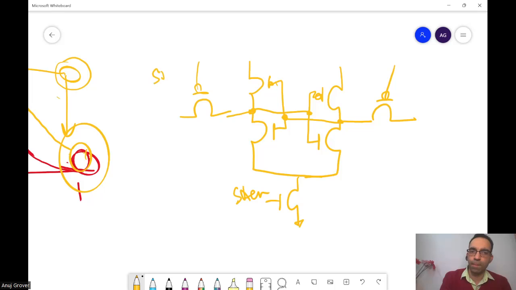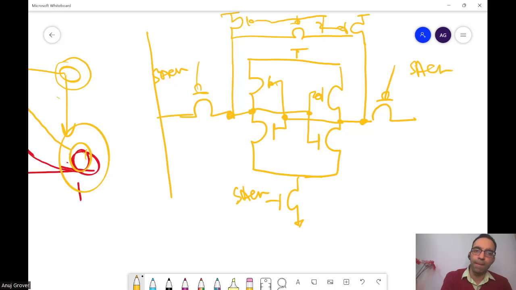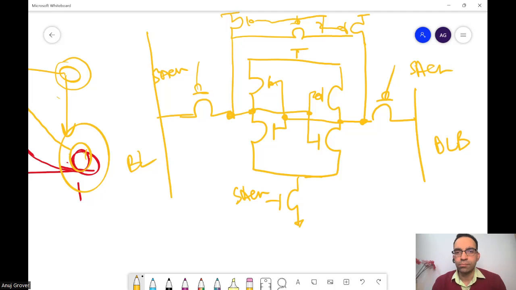Now I say that I want to pre-charge these two nodes to some level. What would this level be? Can this level be independent of bit line supply? No, sir. We didn't make it independent of bit line supply.